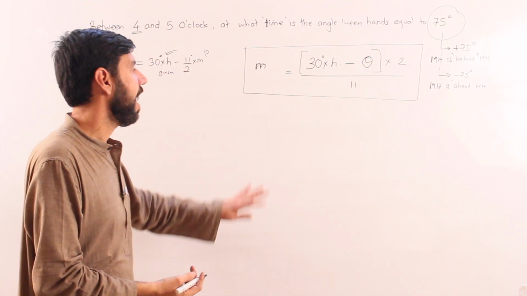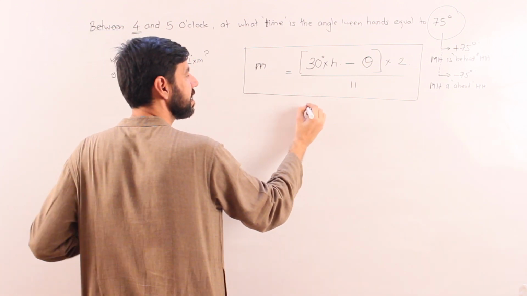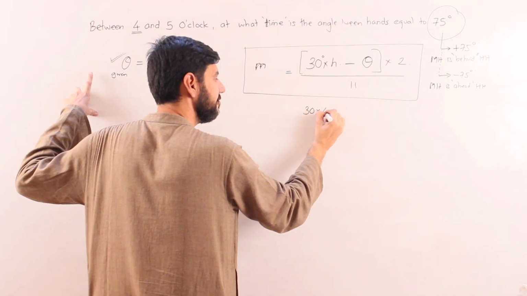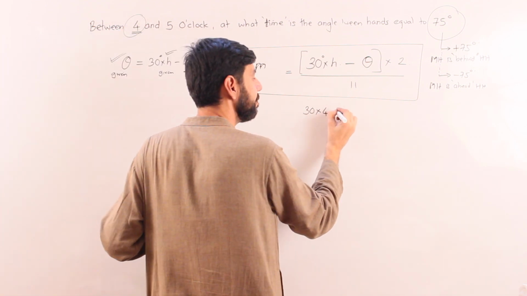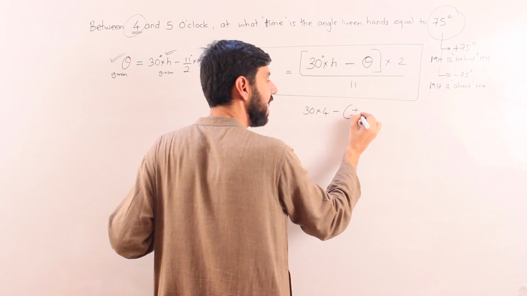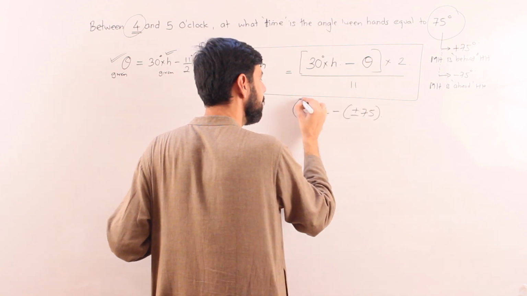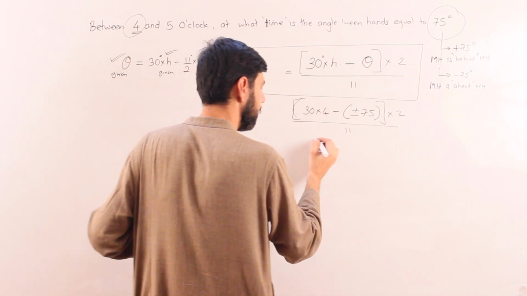So let's go ahead and answer the question. Answering it is very easy, students, right? The answer in this case is going to be 30 into 4. Why 4? Because the question is asking after 4 o'clock. Plus or minus 75. You need to take both the angles. This thing will be doubled and divided by 11. So what are the two branches?